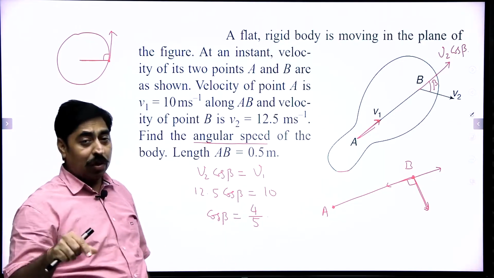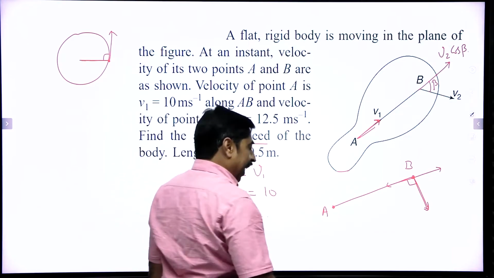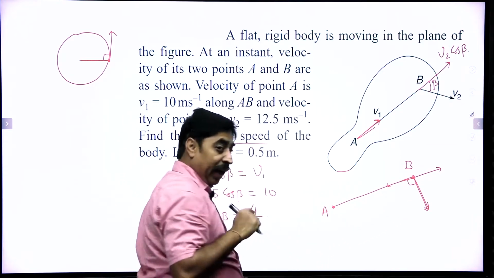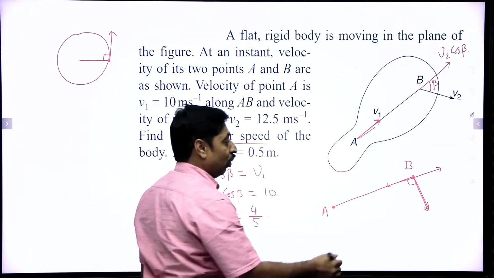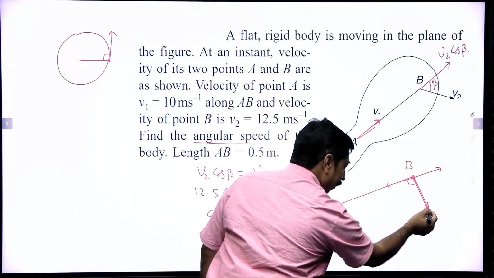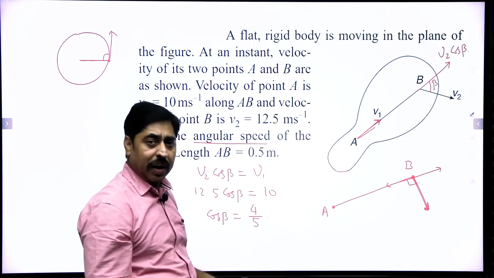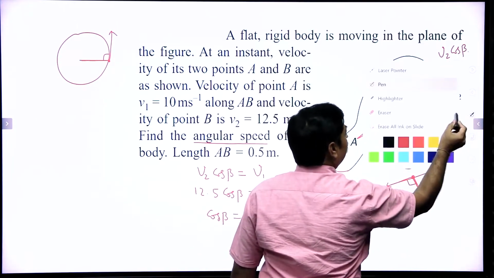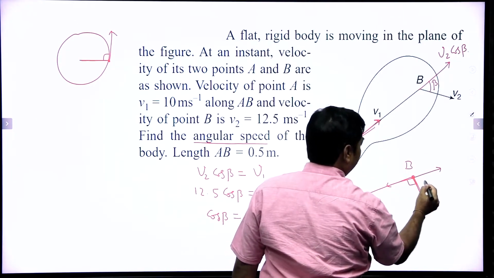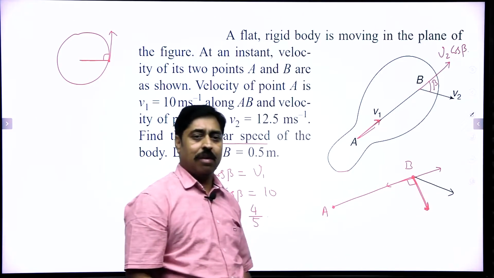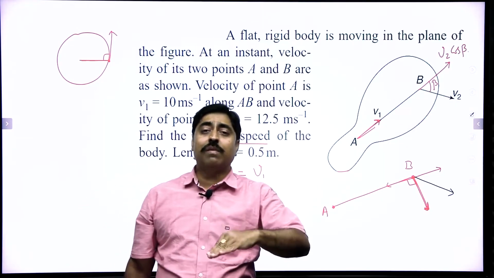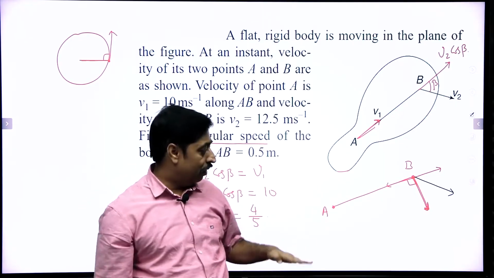And how do we write angular velocity? For writing the angular velocity of B about A, we need to know this velocity only. Suppose in a particular case, point B is having a velocity like this. Now, what you will do is, you will resolve this velocity into two components.